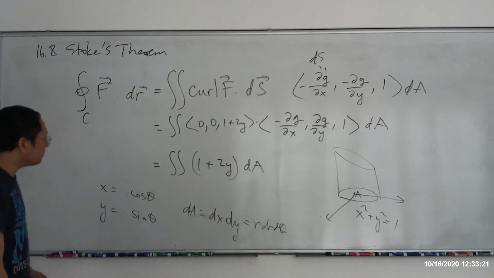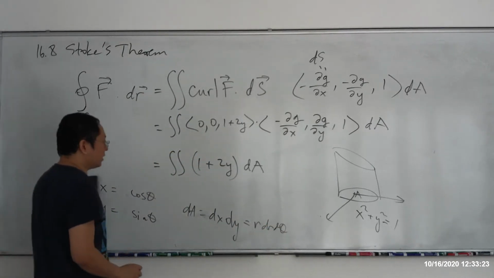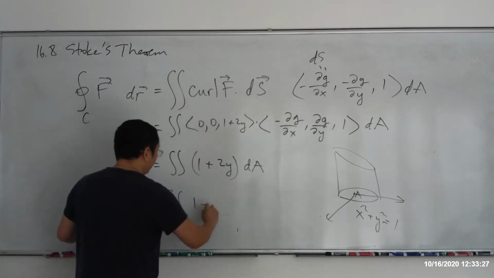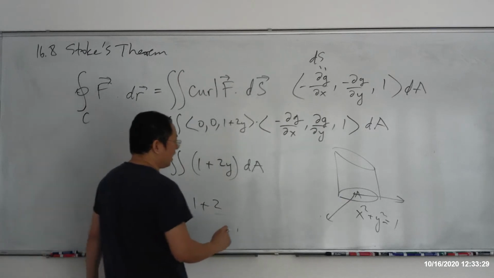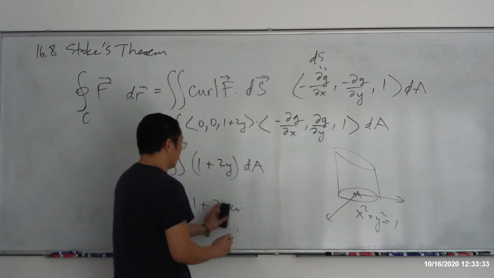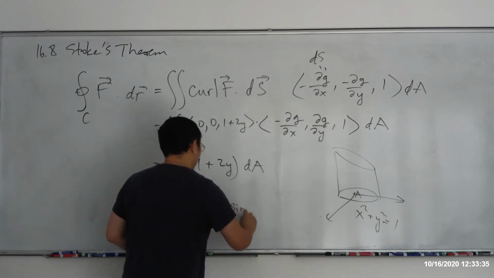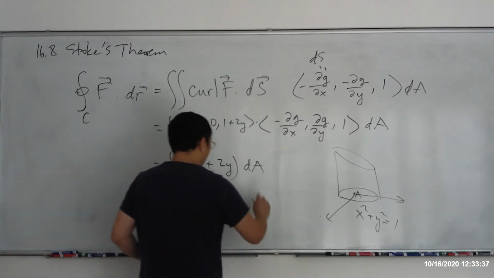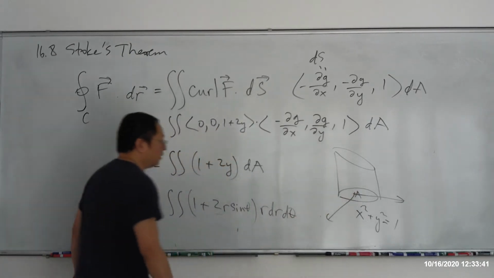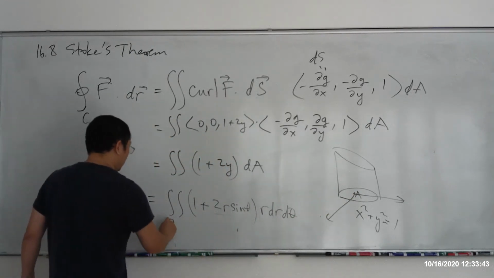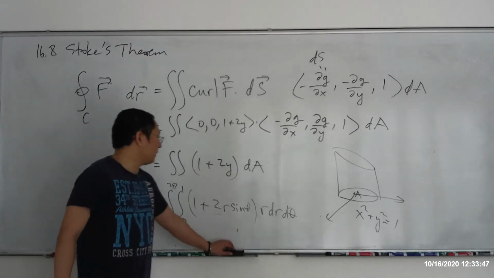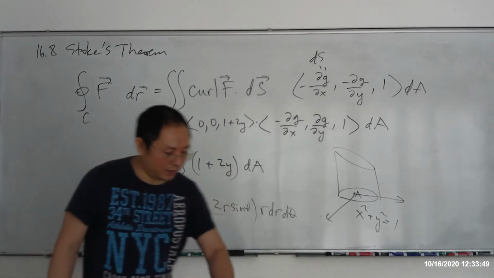So this double integral becomes the double integral of 1 plus 2 times y, which is r sine theta, and then dA is r dr d theta. Unit circle, so theta runs from 0 to 2 pi, and r runs from 0 to 1.